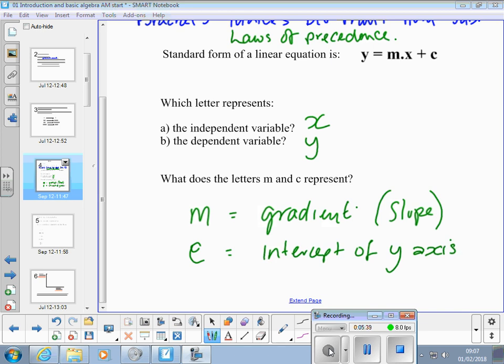So graphically, changing C up or down moves the whole graph up and down the y-axis, and if we alter M, if we increase it, the slope gets bigger. If we decrease it, the slope gets smaller, and if we make M negative, the slope goes in the opposite direction, down instead of up. Okay, so that's that first page.